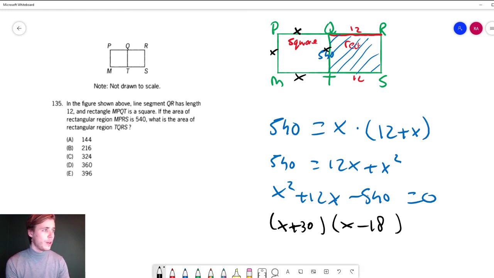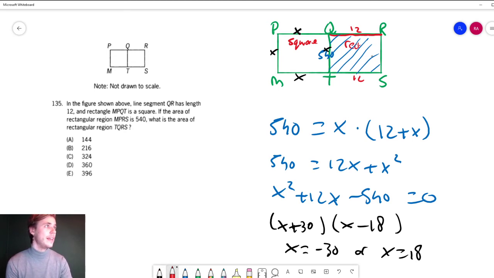If you have trouble with the big number here, just scratch the 0 in your head and then 3 times 18, and then you come up with 54. So x is minus 30 or x is 18. Okay, and minus is not possible here as a value, so we need to use 18, and then it's an easy game.